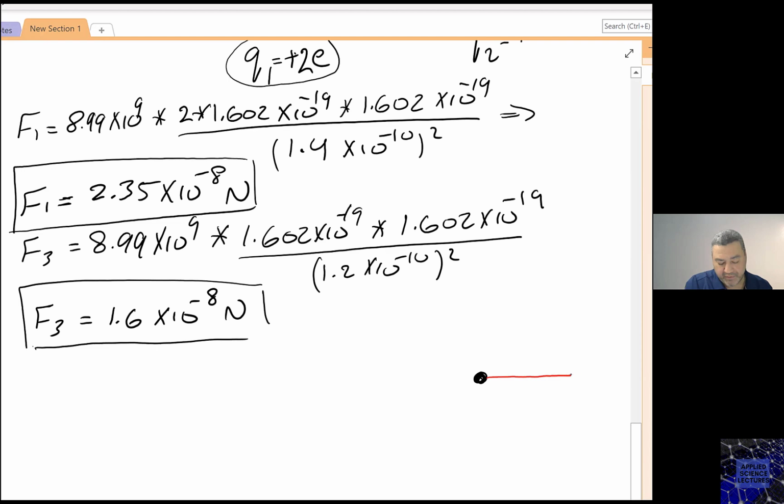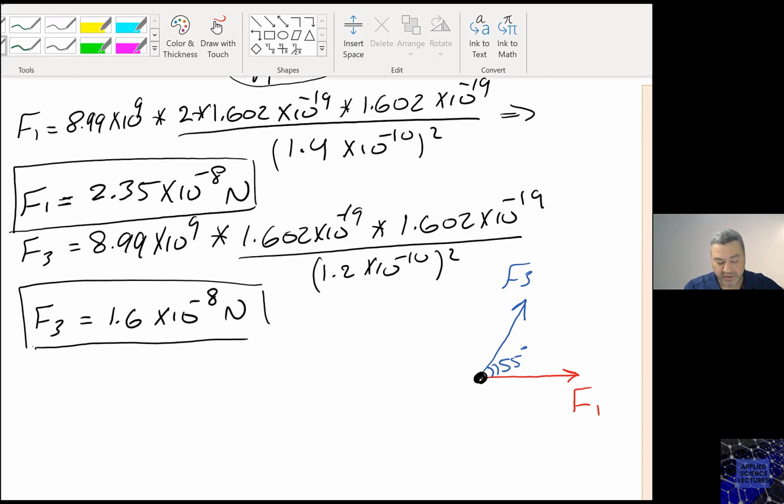So I have F1 and I have F3 and I have the angle here as 55 degrees, and I need to calculate the F total. So in this case, what I'm going to do is I'm going to project this F3.